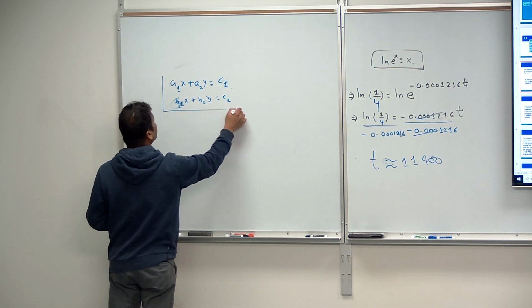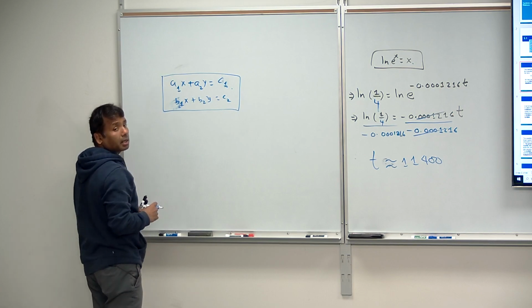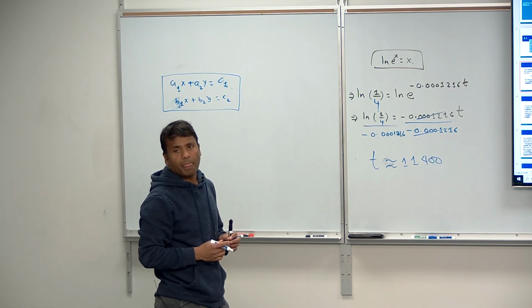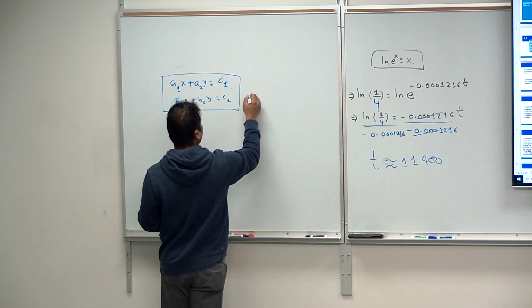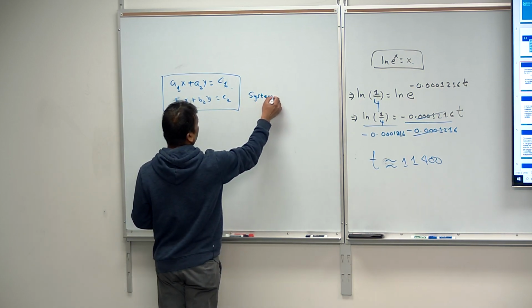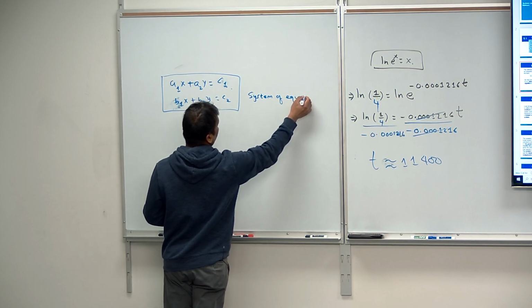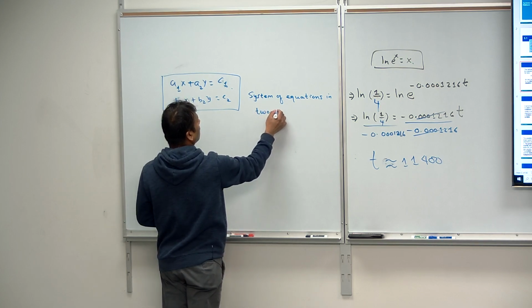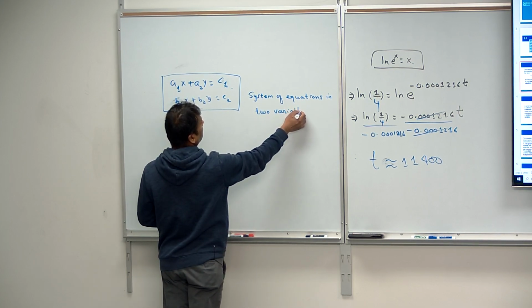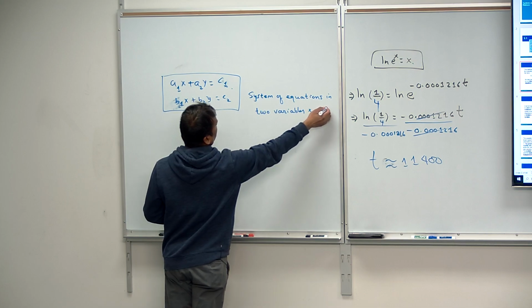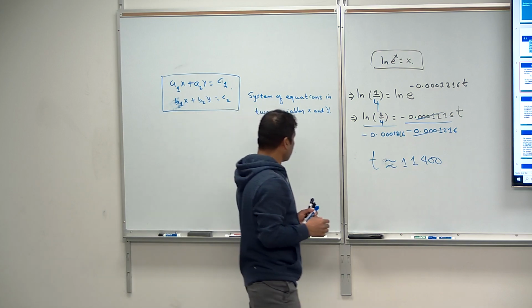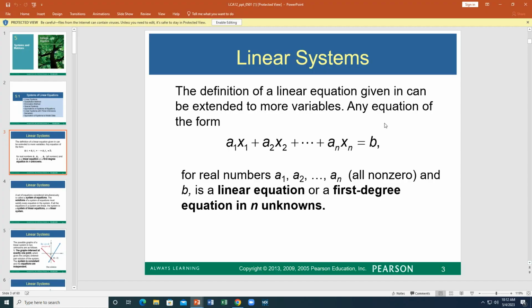So this is the system of equations in two variables x and y. Okay?